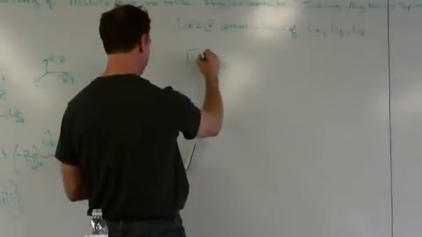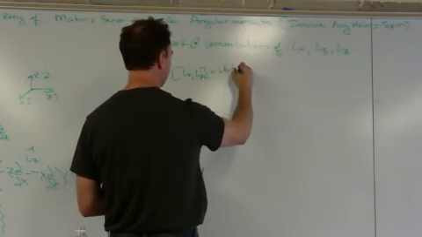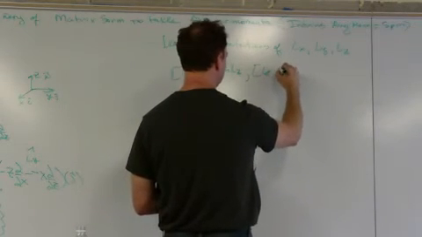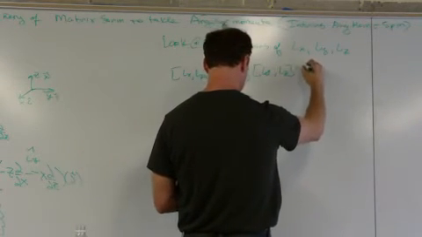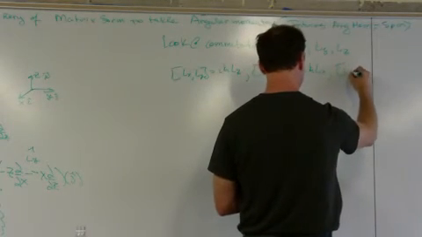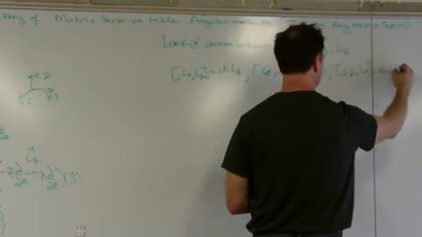This is equation 499 in the book, and what you get is [Lx, Ly] equals i h bar Lz, and then [Ly, Lz] equals i h bar Lx, and then [Lz, Lx] equals i h bar Ly.